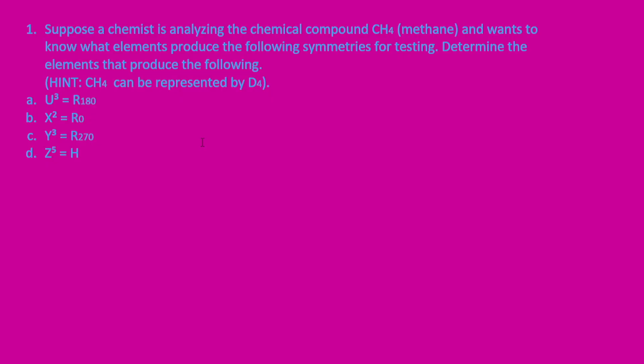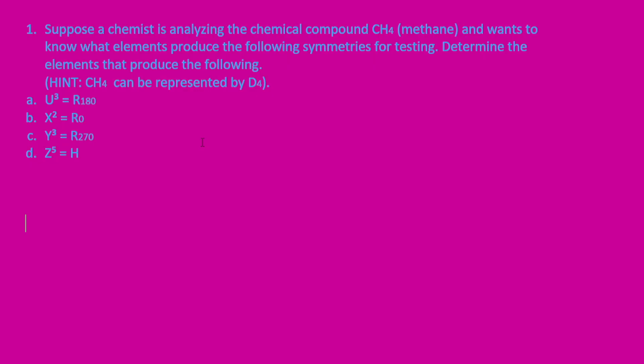We have a chemist who's analyzing the chemical compound CH4, or methane, and he wants to know what elements produce the following symmetries for testing. We're asked to determine the elements that produce the following, and we're given a hint that CH4 can be represented by the dihedral group D4.